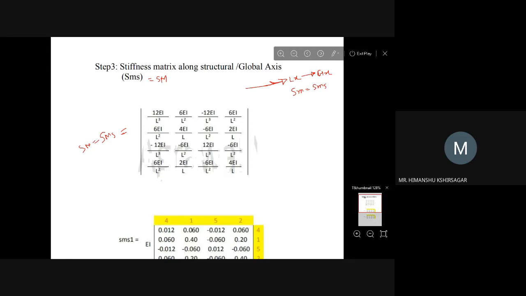To assemble this matrix, first of all we have to find out all the stiffness coefficients for each member, like 12EI by L cube, 6EI by L square, 4EI by L and 2EI by L. First find out those values in tabular form, and then, using the derivation matrix, assemble the SMS matrix.